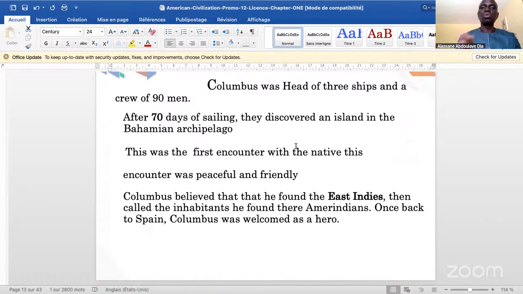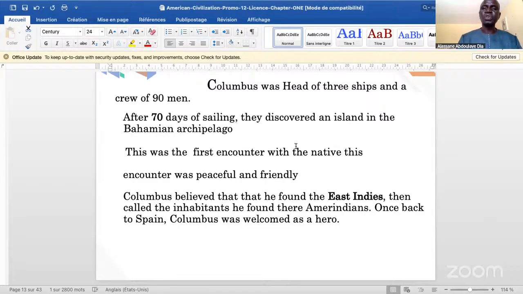So Columbus was head of 3 ships and a crew of 90 men, equipage. So after 70 days of sailing, navigation, they discovered an island in the Bahamian archipelago. So he arrived on the island in the Bahamian archipelago.